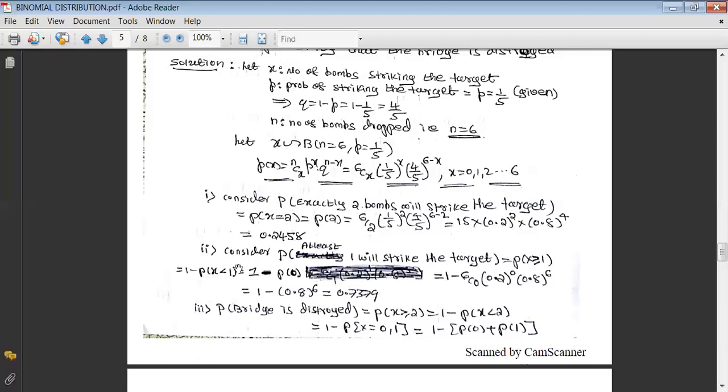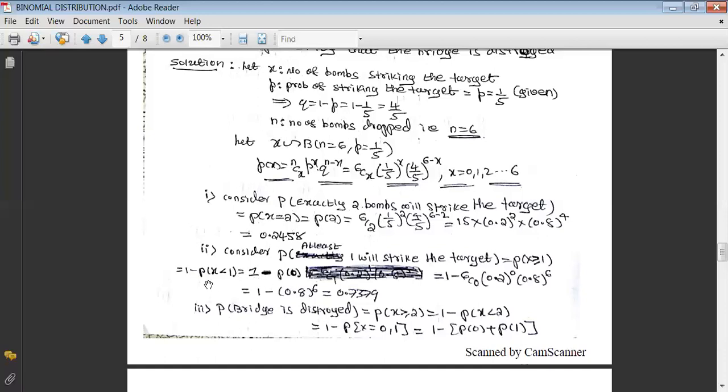The second one is the probability that at least 1 will strike the target. At least 1 means 1 or more, so we can write this as x greater than or equal to 1. Directly we would have to deal with 6 probabilities, so think of the complement law. We can write this as 1 minus probability of x less than 1.